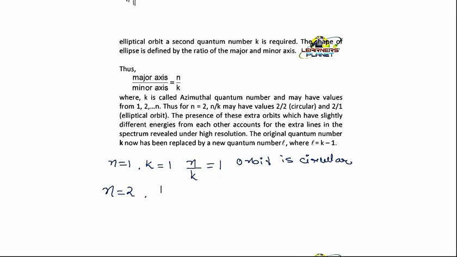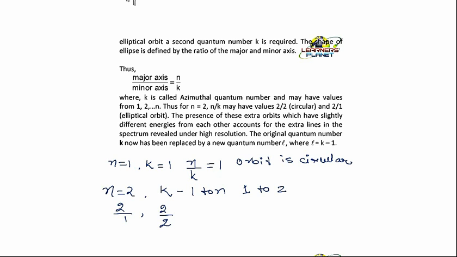Now, when n is equal to 2, how many values can k have? K can have values 1 to n, that is 1 to 2. That is all the things possible. Your major and minor axis would be 2 by 1 and 2 by 2.